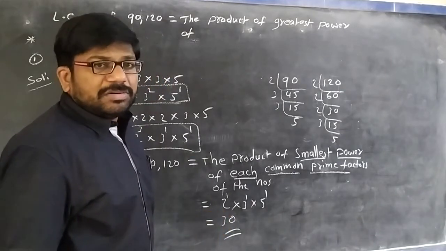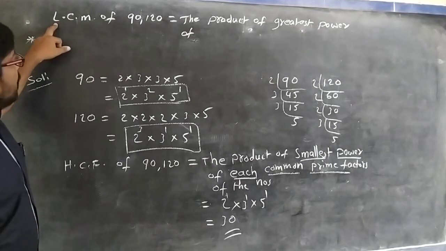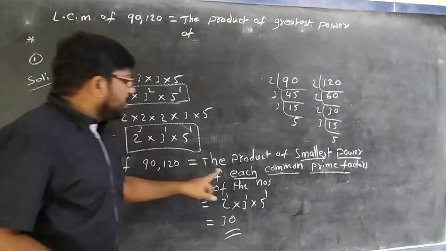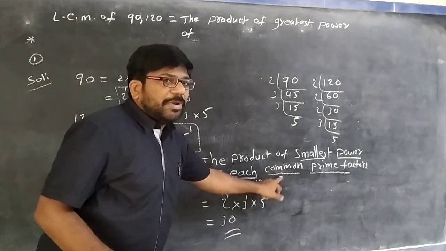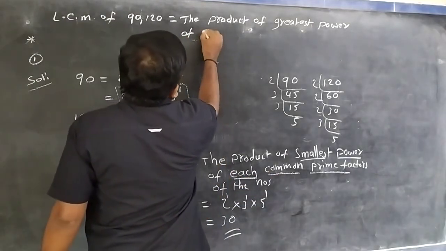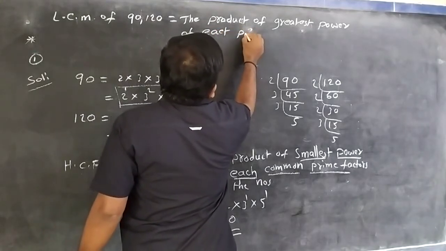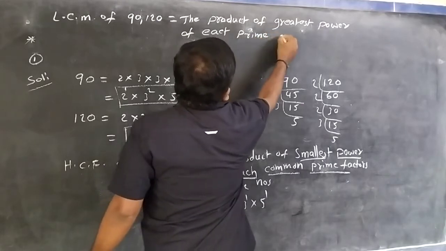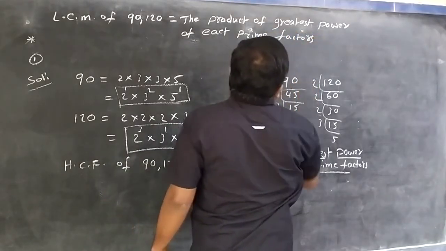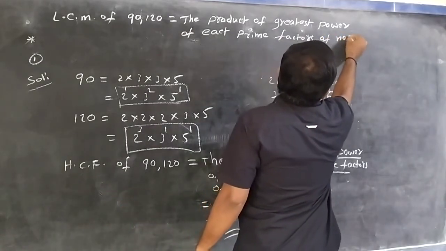Here, not only common ones, right? LCM means least common multiple. In that we use each prime factor, not just the common ones. The product of greatest power of each prime factor of the numbers.